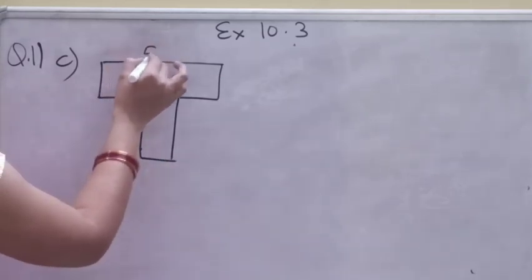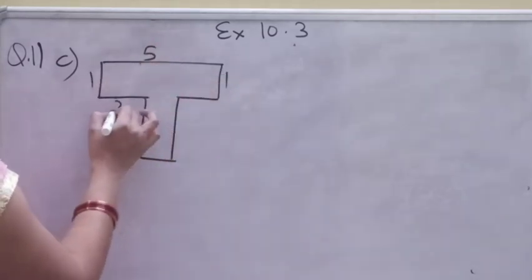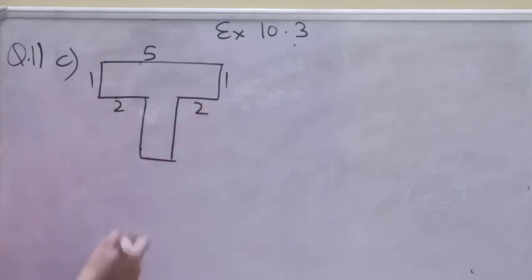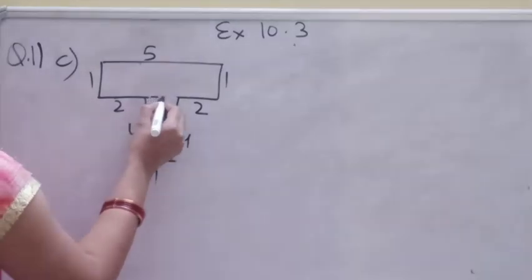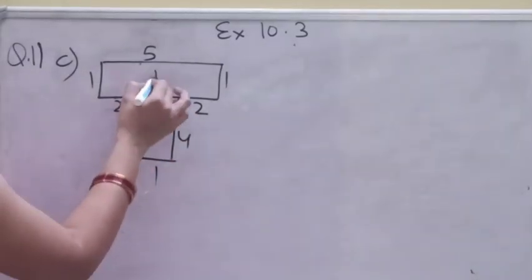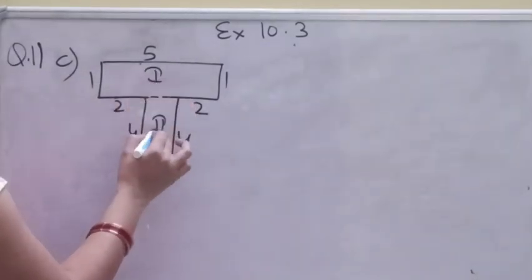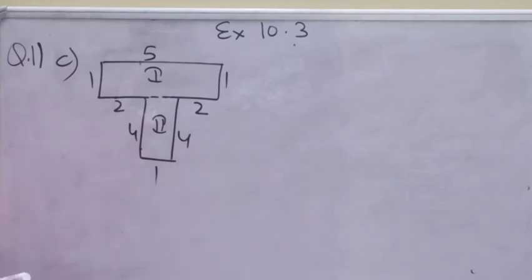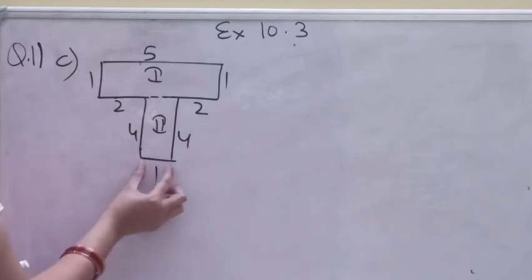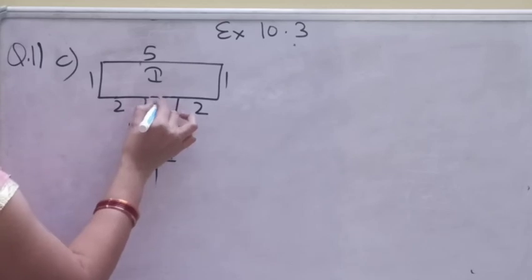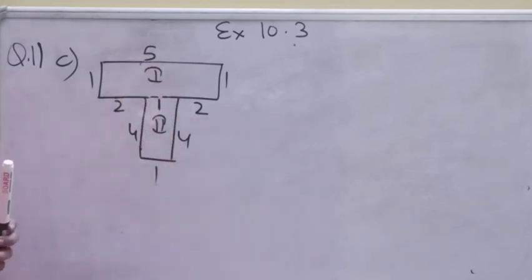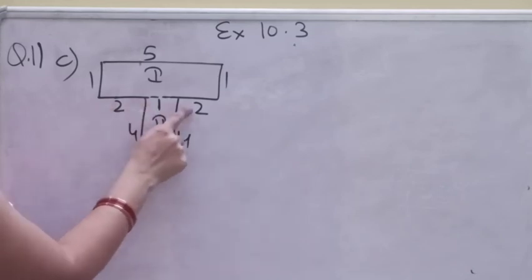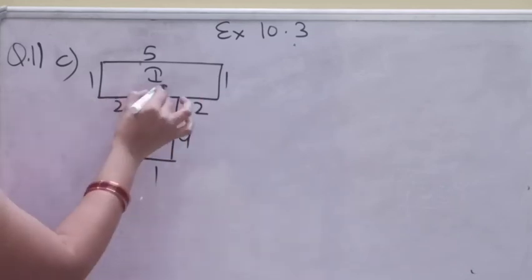Here we have 5, 1, 1, 2, 2, 4, 4 and 1. So if you join this, then this will become one rectangle, this will become a second rectangle. Now this is 1, so this front part is also 1. This is 5, so in front we have 5. So 2 plus 1 plus 2, it is 5.